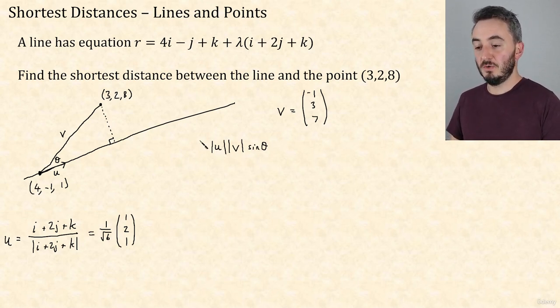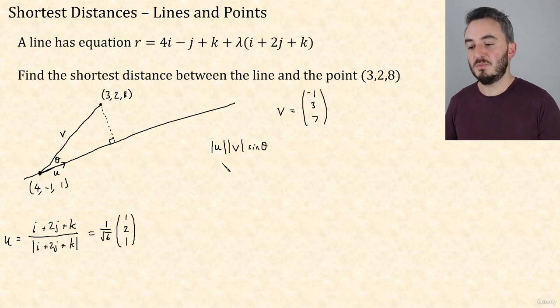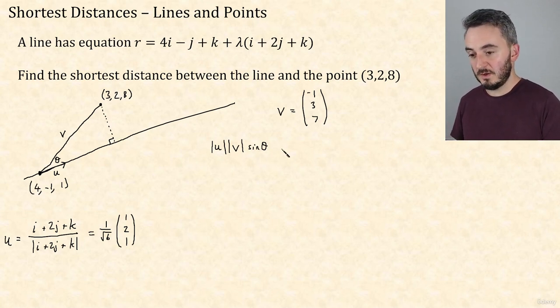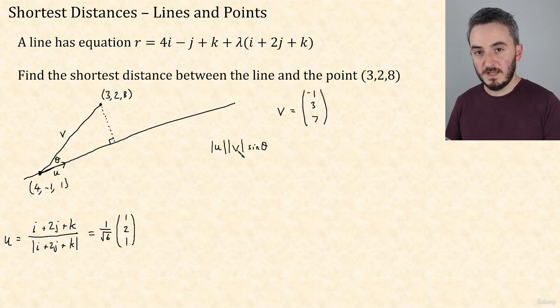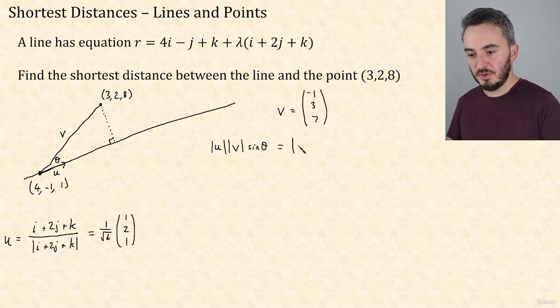And look, this is almost exactly the vector product. In fact, the only thing missing between this and the vector product of u and v is our little n hat, but we can get rid of that by simply taking the modulus of the vector product of u and v. So this is just the modulus of the vector product u times v.